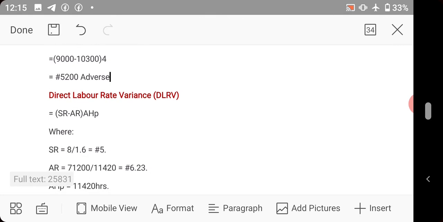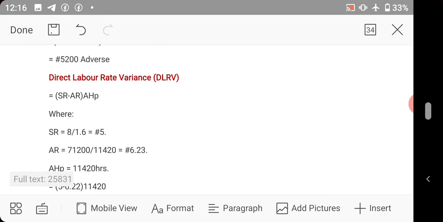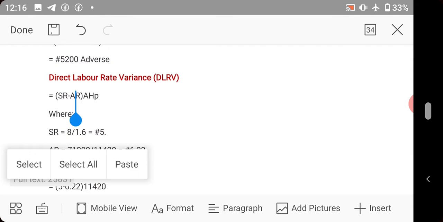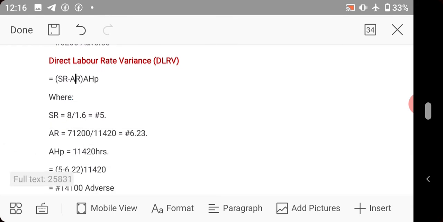We now have direct labor rate variance. The formula is standard rate minus actual rate times actual hours paid for. The standard rate is 8 divided by 1.6, which gives you 5, so the standard rate is 5 naira per hour.